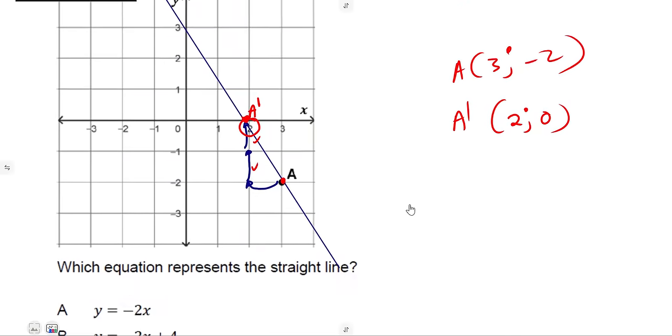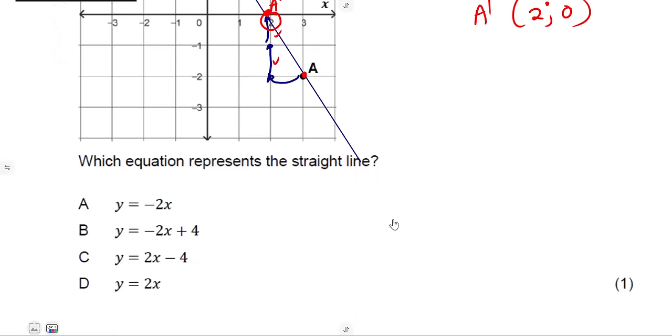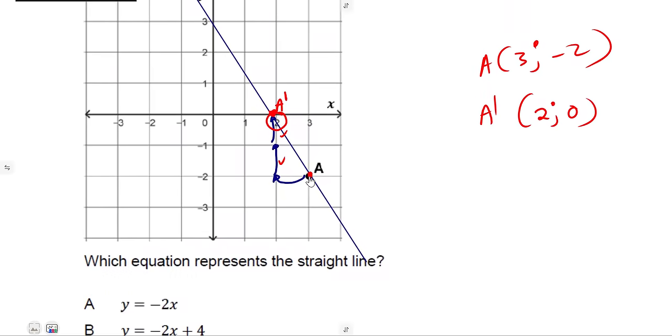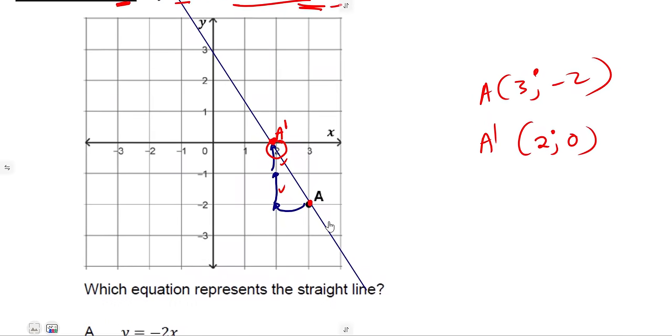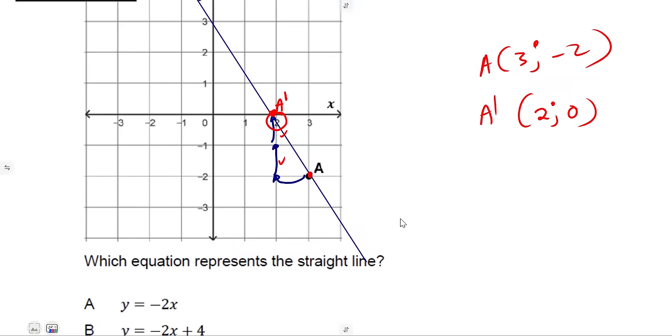By just looking into this question, it will be difficult to answer it because the straight line that we have just drawn here is not up to scale, guys. Let me remove it because it will confuse us.